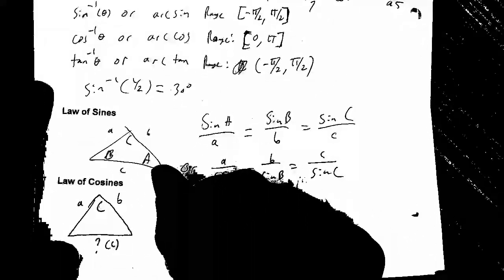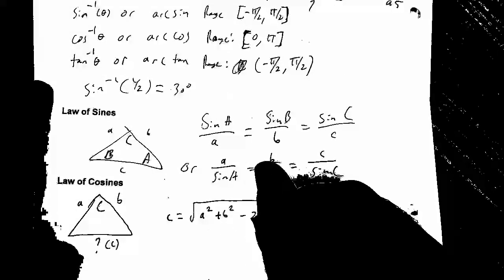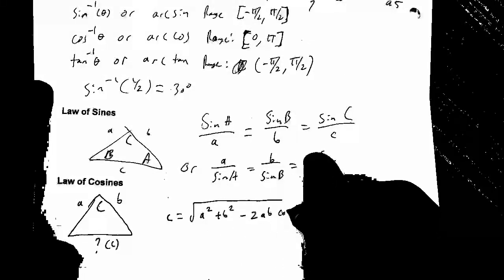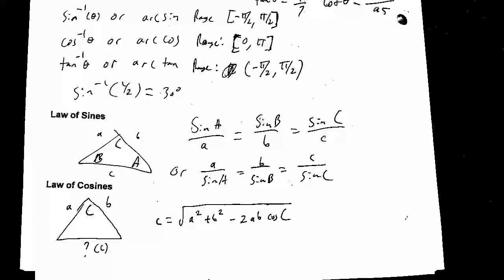That formula is little c equals root a squared plus b squared minus 2ab cosine big C. Got it? So these help you solve triangles.